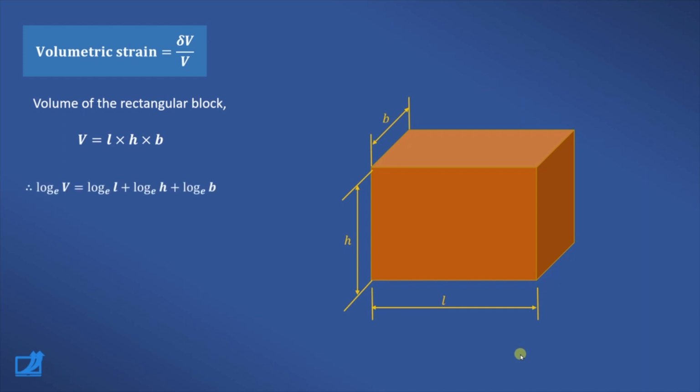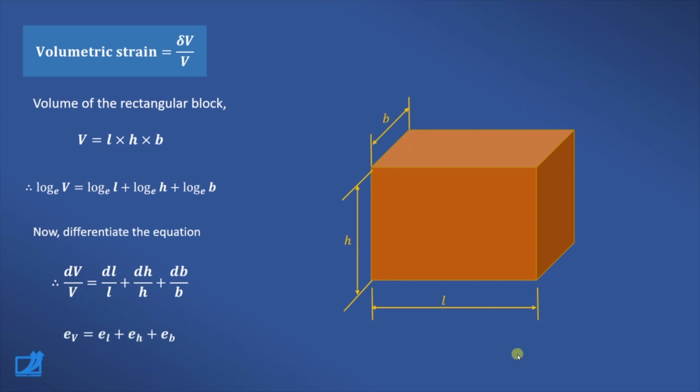Using the logarithmic product rule, we can write log V is equal to log L plus log H plus log B. Now differentiate this equation, and what you get is dV upon V is dL upon L plus dH upon H plus dB upon B. So dL, that is the infinitesimally small change in length divided by original length, dL upon L is strain in length, dH upon H is strain in height, and dB upon B is strain in width.